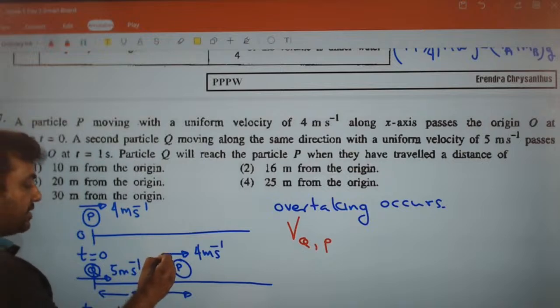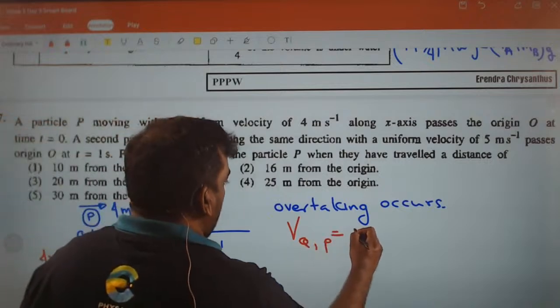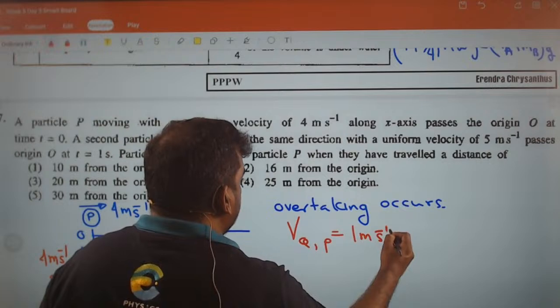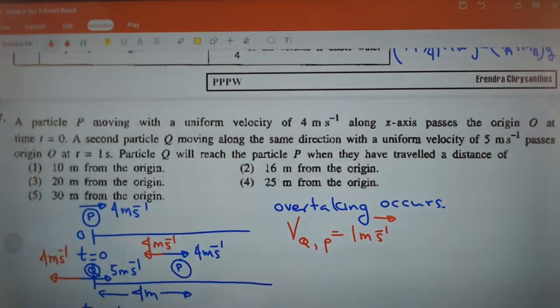How do you mathematically stop it? Put an equal velocity in the opposite direction. Here also an equal velocity is added in the opposite direction. So here P is at rest. Here the velocity is 1 and the gap is 4. Here the velocity is 1 meter per second in the forward direction.